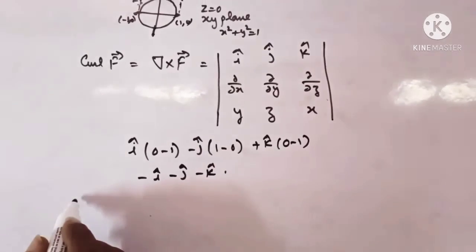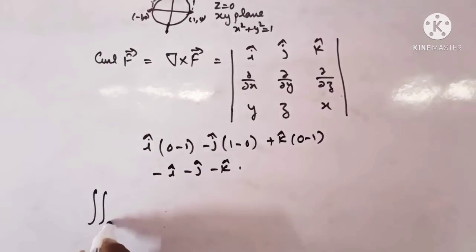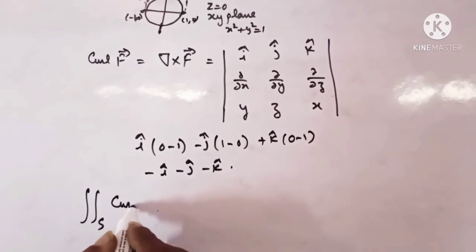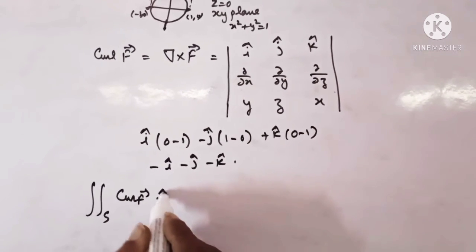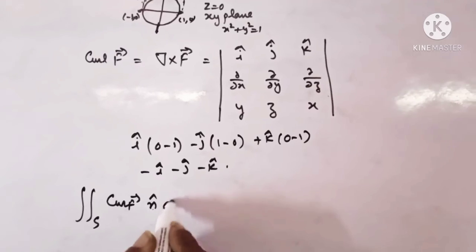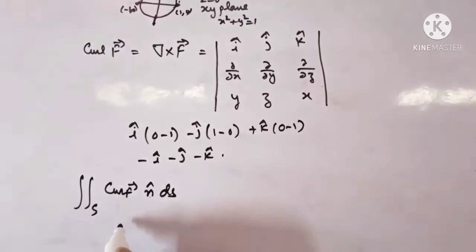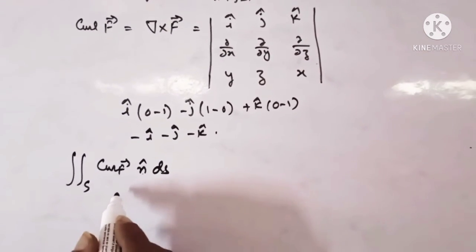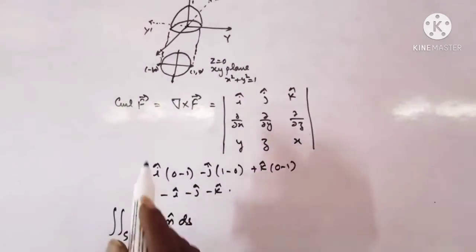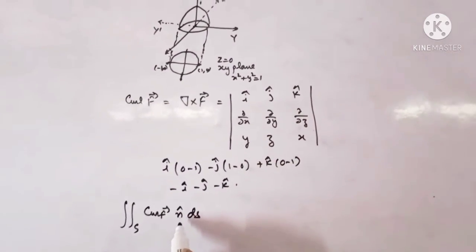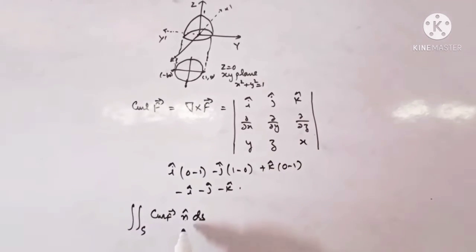Now the surface integral is curl of F dot n cap dS. Since the surface projects onto the xy plane, the unit vector perpendicular to the xy plane will be k cap.